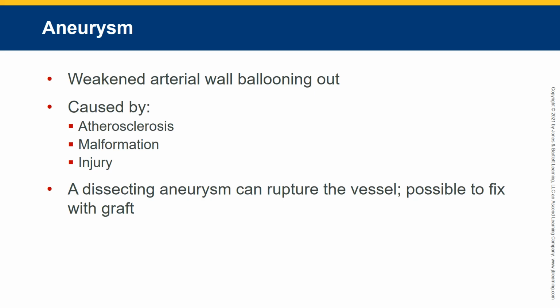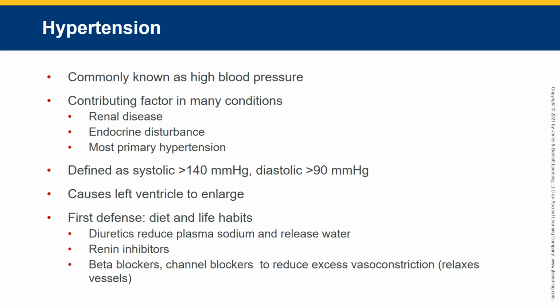And if that is happening, they can sometimes do a little graft onto the blood vessel, take a little bit of blood vessel and sew it on and strengthen up the aneurysm. I think when people talk about aneurysms, they really see them in the brain. It can cause a lot of bleeding into the brain because the brain is so heavily vasculated.